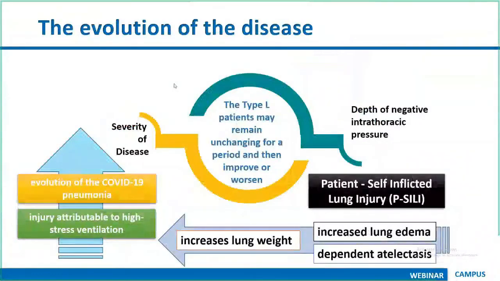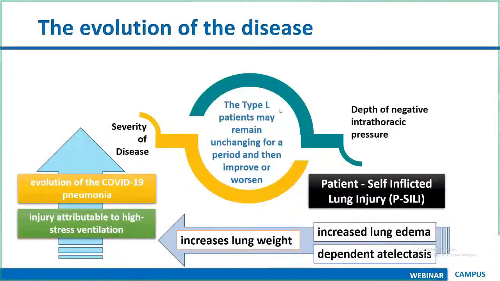Now, the evolution of the disease. I've already told you we will have a type L patient with a high compliance. They may sometimes remain unchanged for a period, then they can gradually improve, or sometimes they can worsen also. This L group of patients can develop multiple lung shadows and can deteriorate. This is basically because of patient self-inflicted lung injury.